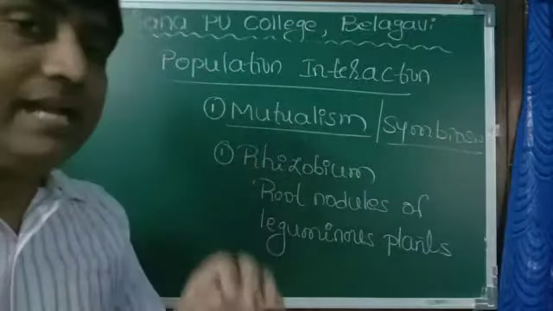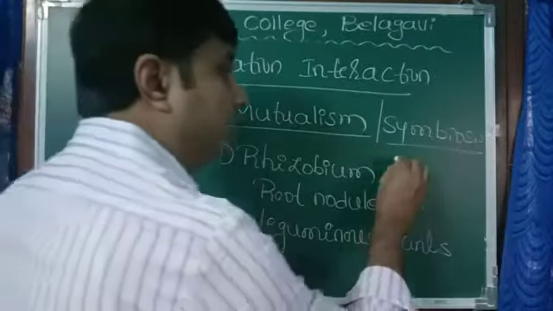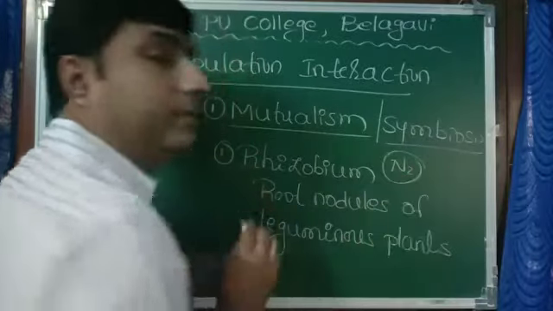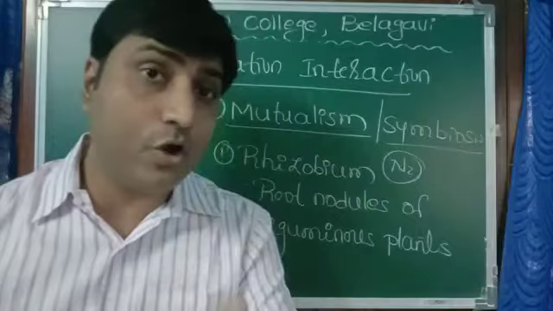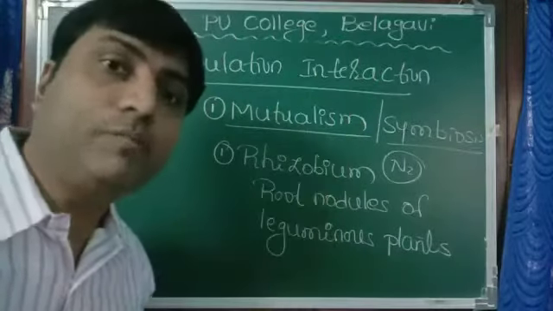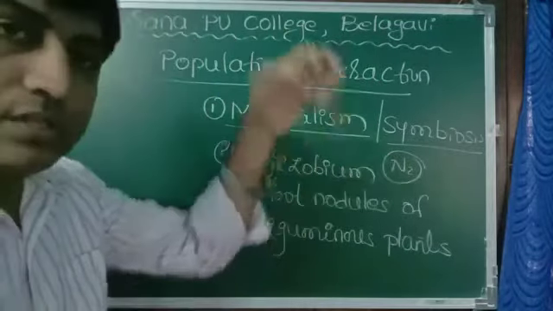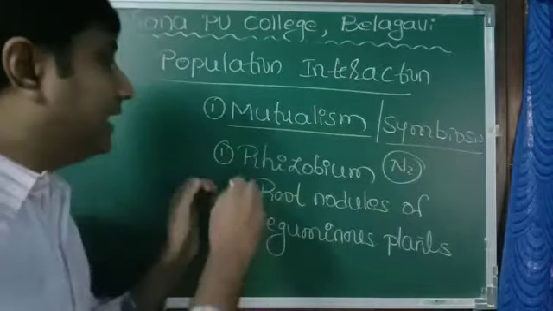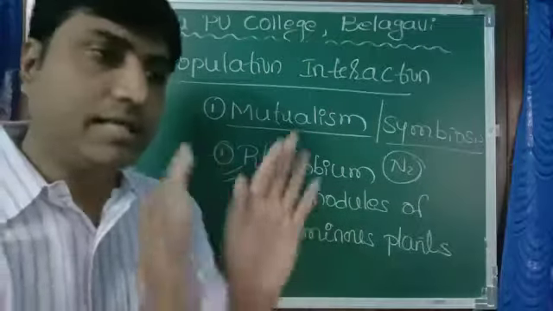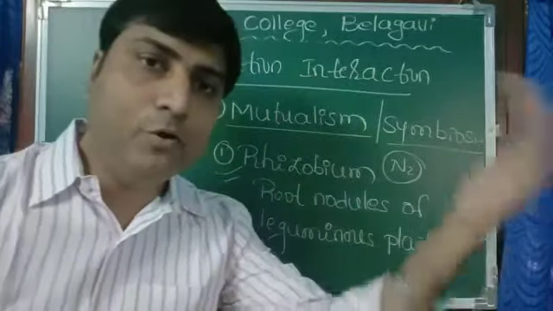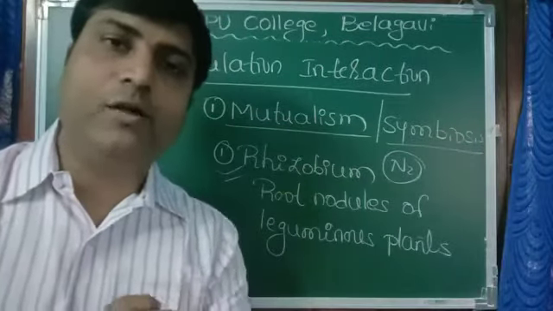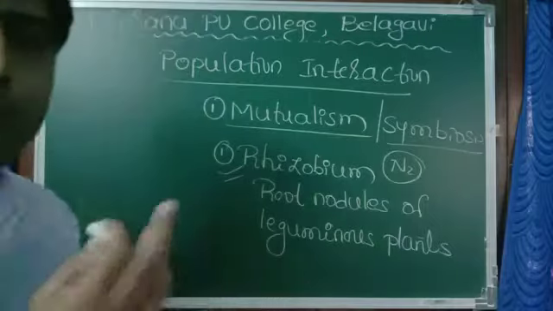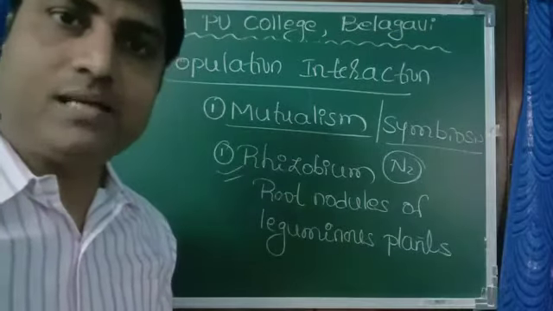They help the plant in fixing nitrogen. Plants require nitrogen, but plants cannot absorb nitrogen directly from the air. So that nitrogen is fixed in the root directly by this rhizobium. Thus they help the plant. And what does the plant do in return? They provide them shelter and the required nutrients. See this? Mutually benefited. One example.